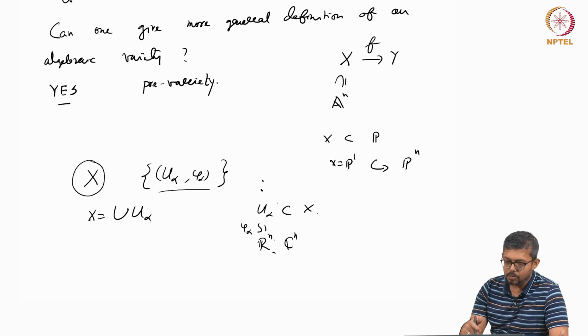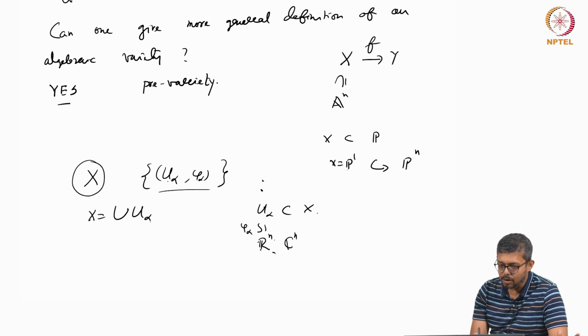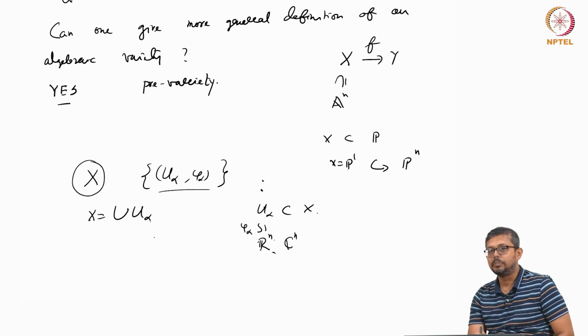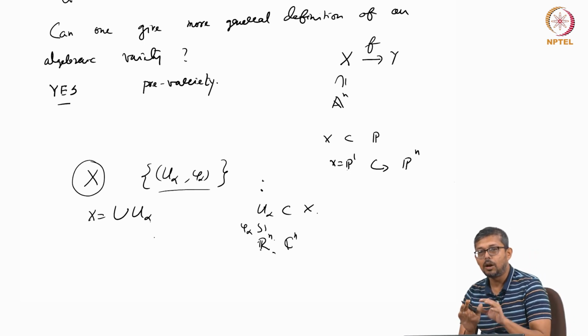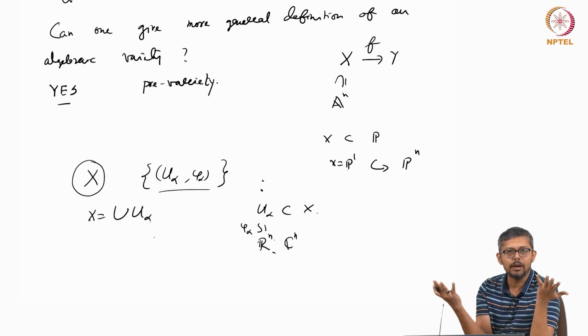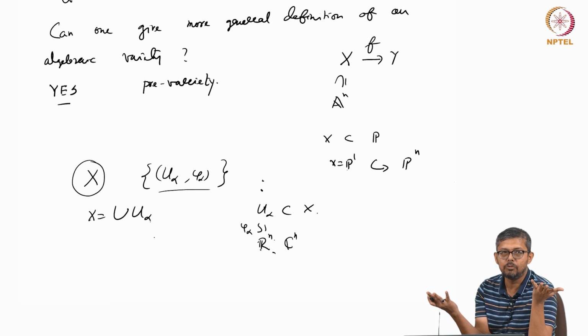So now the point is that an abstract variety locally looks like this: the U alphas are affine varieties. Locally they look like an affine variety. The affine variety is a very coordinate-free definition you have. It's basically a finitely generated K-algebra.